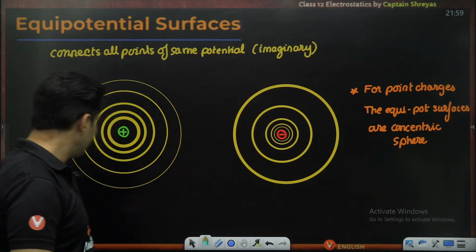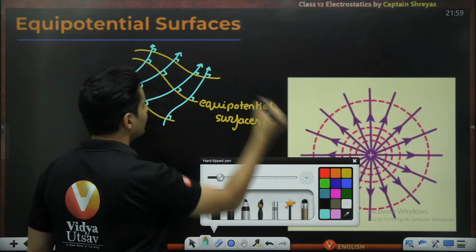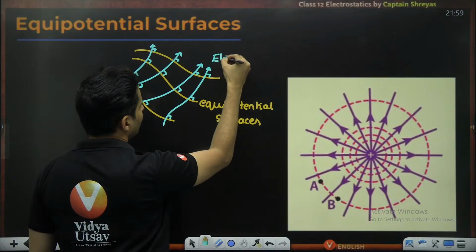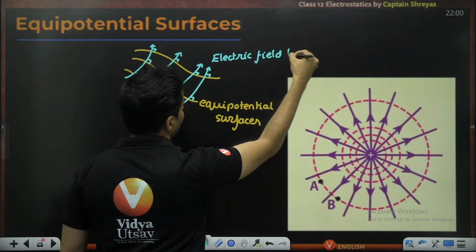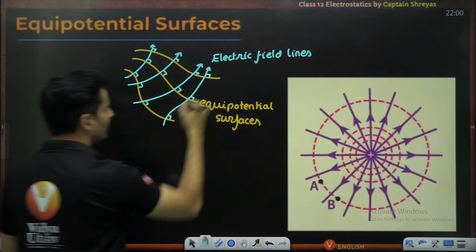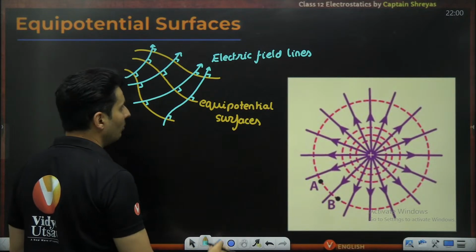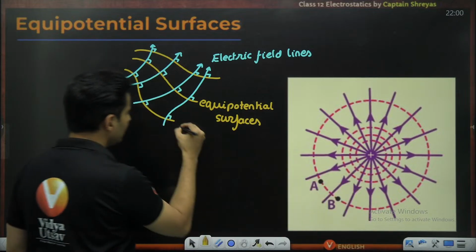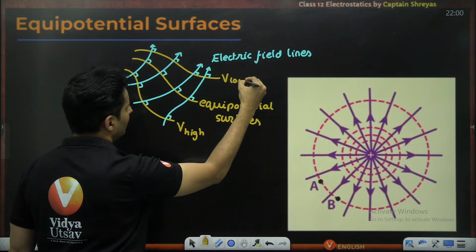So this is always true. These are our electric field lines. You will notice that they always go from high voltage to low voltage. So maybe this is a higher potential and maybe this is a lower potential.